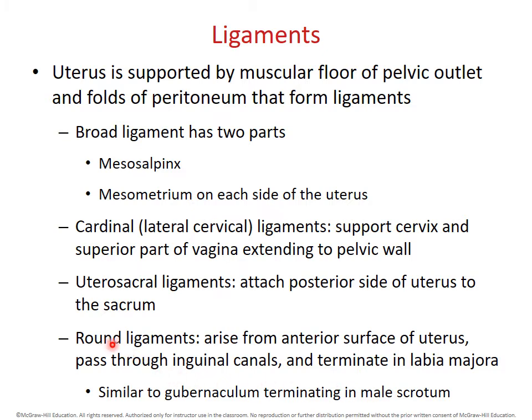So this helps, again, hold the uterus in place, but it anchors in an unusual place closer to the outside of the body wall. There are some other ligaments that are smaller that are also helping to hold the uterus in place, but the two main ones for our purposes are broad ligament and round ligament.